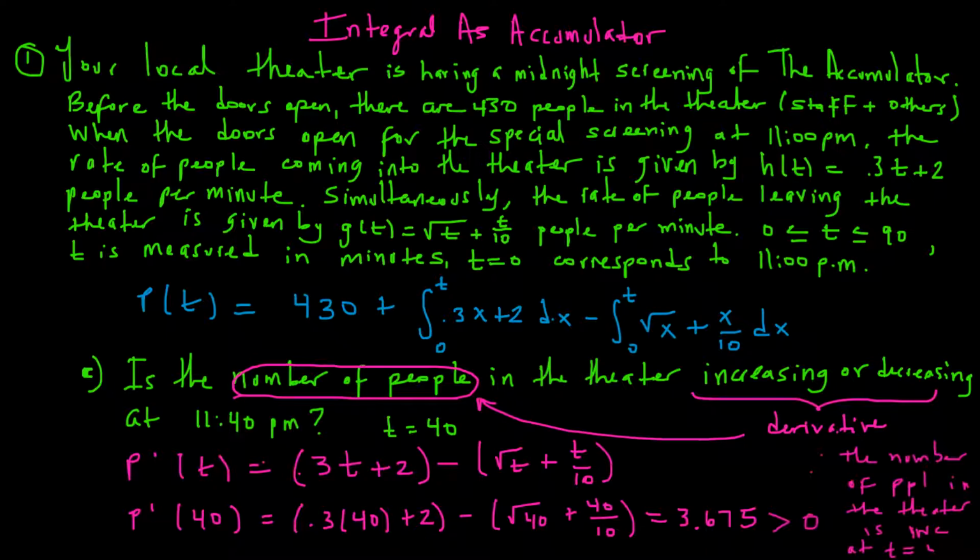Or I shouldn't say at t equals 40, I should say at 11:40, because that was the way they phrased the question. At 11:40 p.m. Okay? And this is not a new lesson, we've done this before when we talked about increasing or decreasing functions. So if the rate is positive, the amount is increasing. If the rate is negative, the amount is decreasing. That's how you would answer that question.